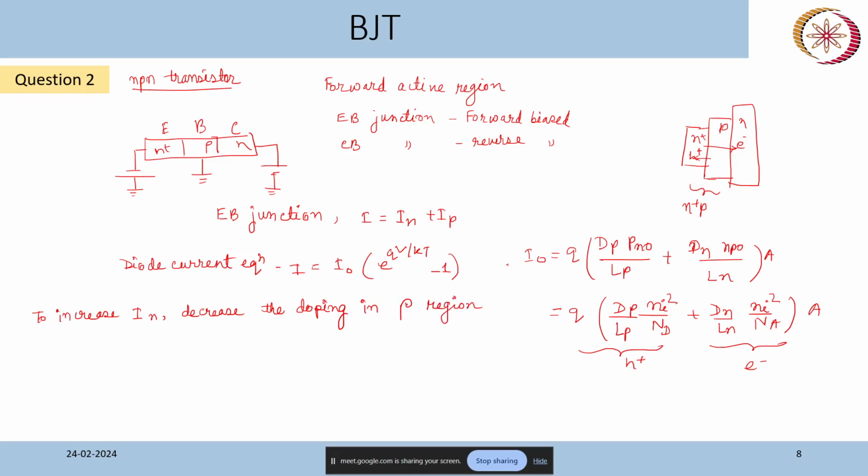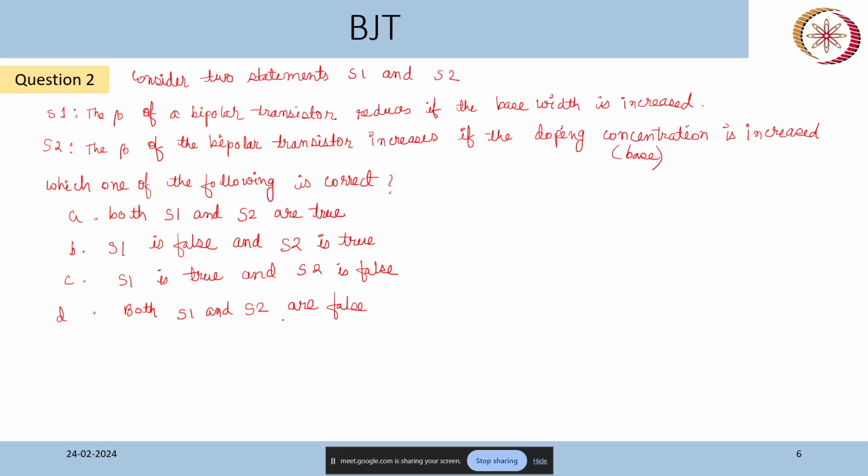Without going through these expressions for BJT also, we can directly say from the diode current equation that if we want a high collector current, the electron current component should be high, and for that we want a low doping concentration in the base region. So what is the answer here? The beta of a bipolar transistor reduces if the base width is increased, that is true because of recombination.